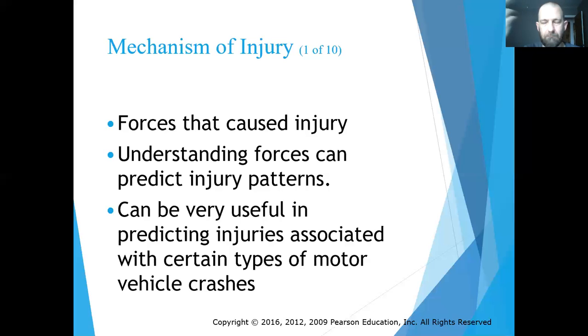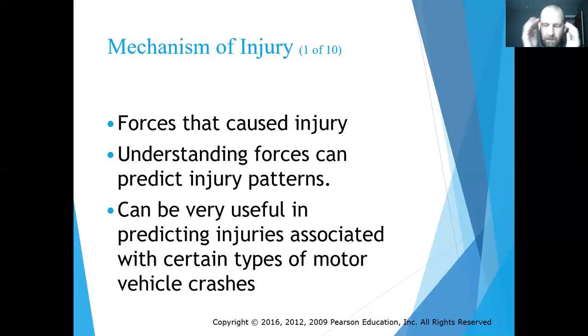You can't get out of the car saying, that's an up and over, I know this guy has head injury, neck injury, chest and abdominal injuries. You can't say that. You can have it in mind that that's maybe what you are going to deal with, but it's never a 100% predictor. It just gives you an idea of what you might be predicting.